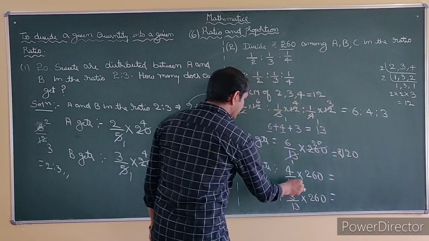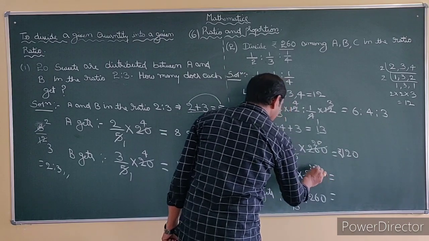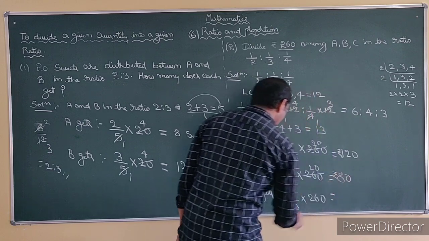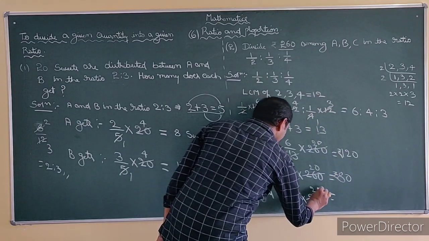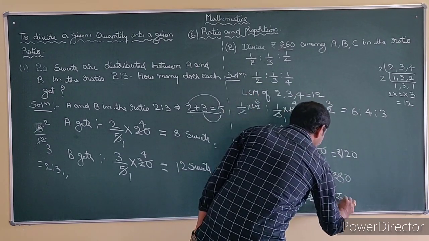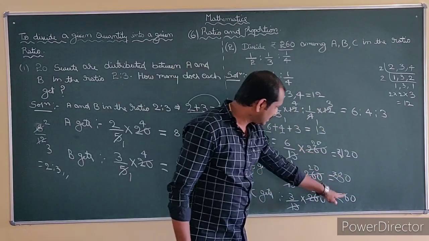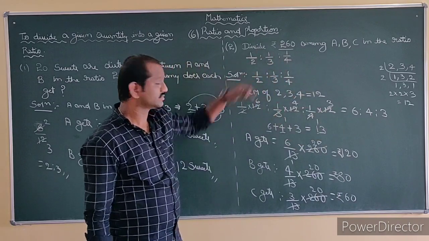So here 4 twenties are 80, rupees 80. 3 twenties are 60, rupees 60. So if you add all these three, you will get 260.